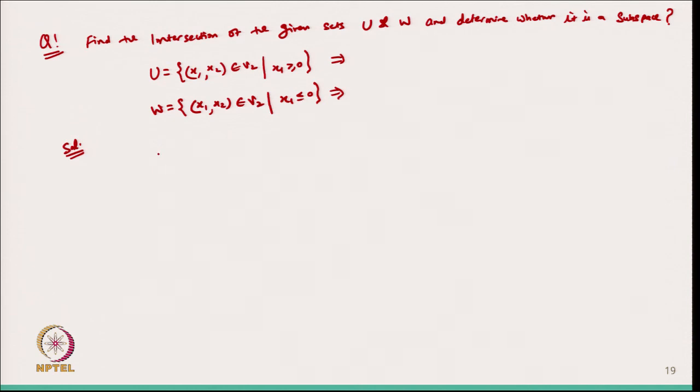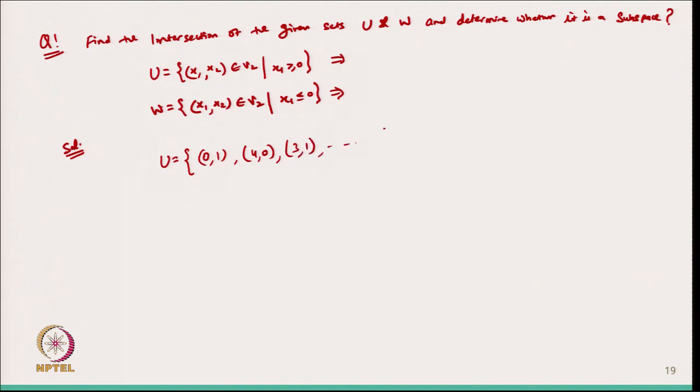So, U will contain elements like (0, 1), (4, 0), (3, 1).